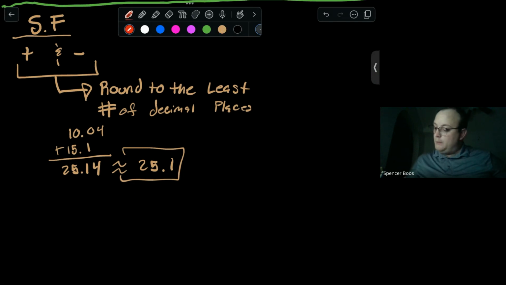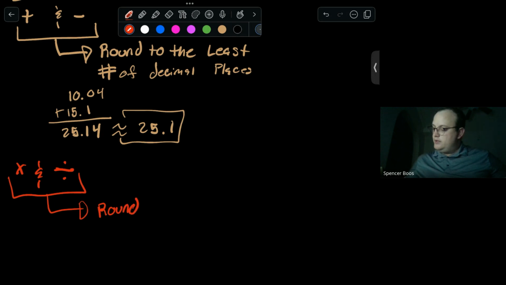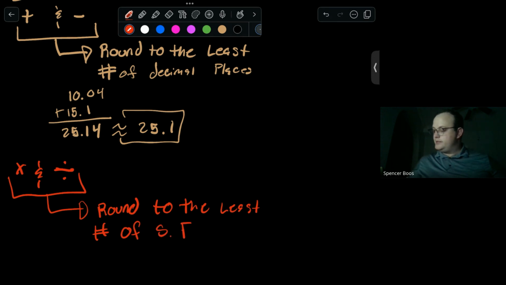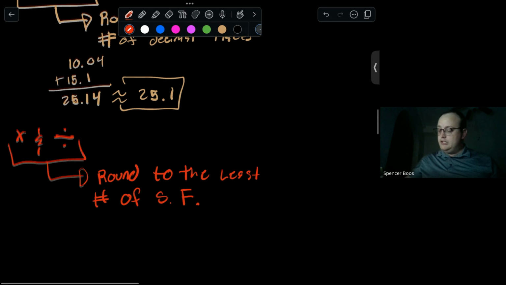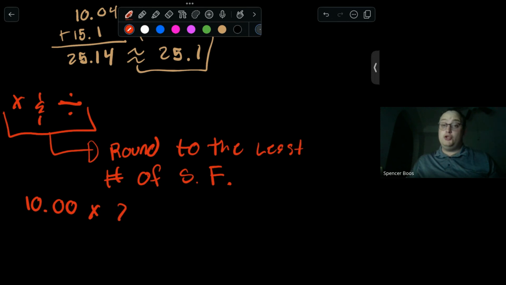For multiplication and division, you round to the least number of sig figs. So let's say you've got 10.00 times 2.